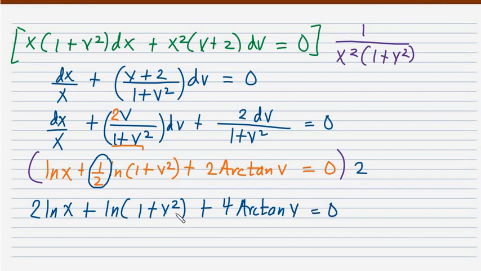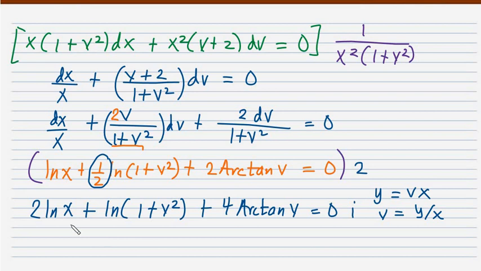And then the last part of our solution is to combine the two logarithms and change v. Since we have used a substitution, y is equal to vx, therefore v is equal to y over x.